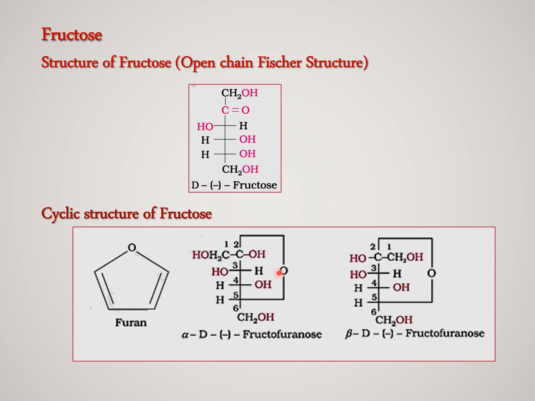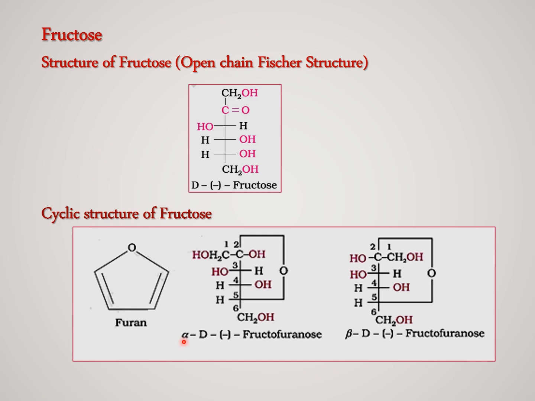This is called glycosidic linkage or hemiacetal form, and the sixth carbon atom is CH2OH as it is. Now, as we have OH on the right side on the anomeric carbon, which is carbon number 2, the compound is called the alpha configuration.